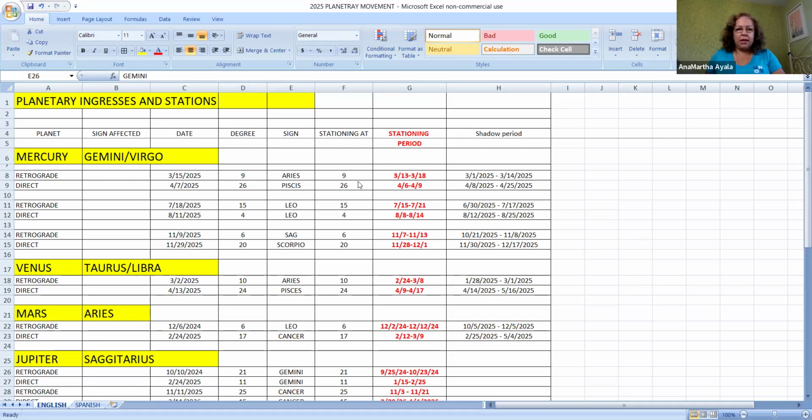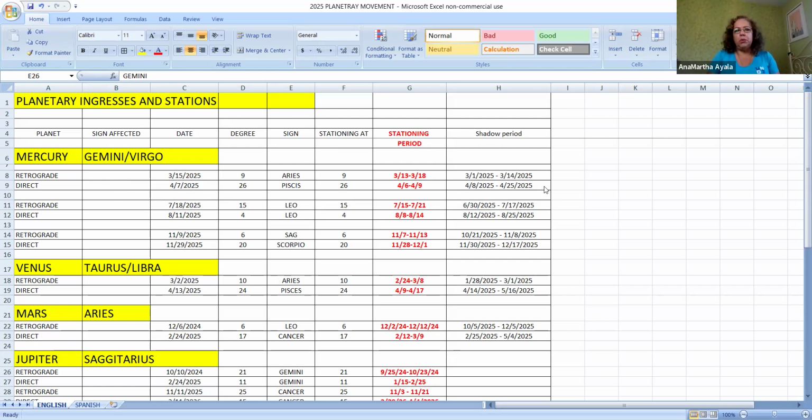And it will station at 9 degrees of Aries on March 13th through March 18th. And the shadow period is March 1st of 2025 through March 14th of 2025, which is the pre-shadow, right? Before it goes retrograde. And then the post-shadow period is after it goes direct, April 7th of 2025. So the post-shadow period is April 8th of 2025 through April 25th of 2025.